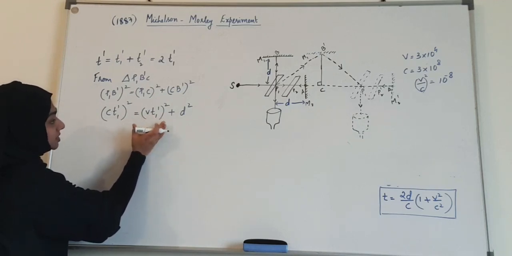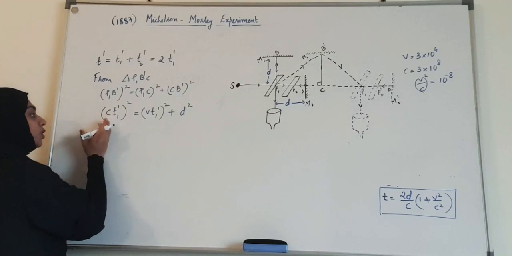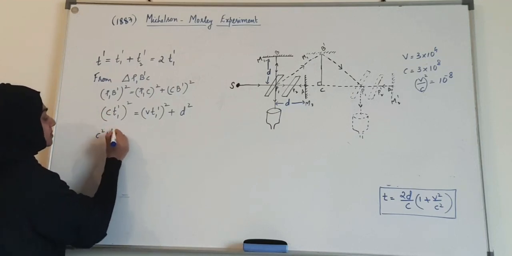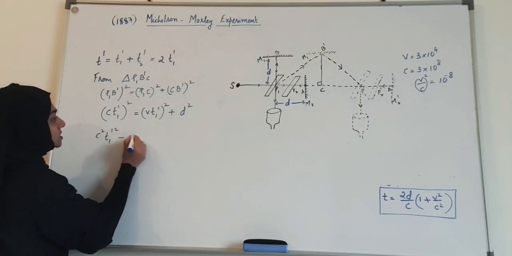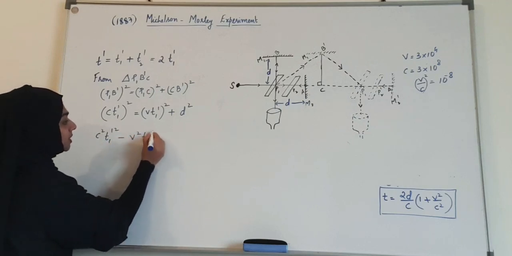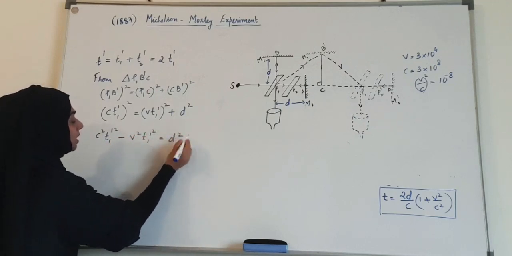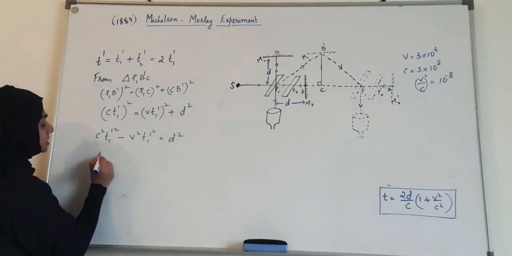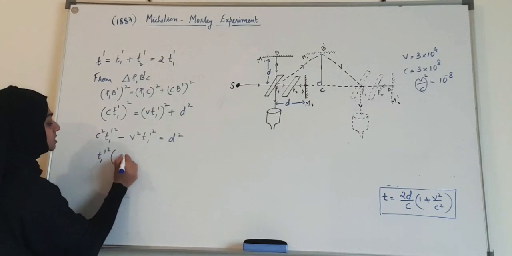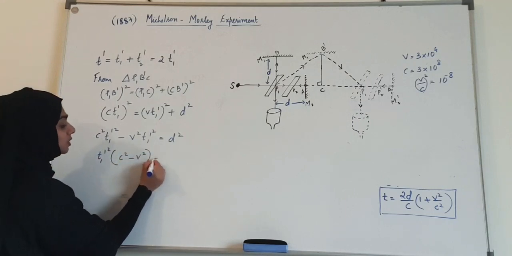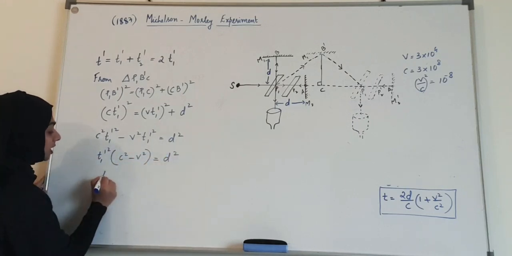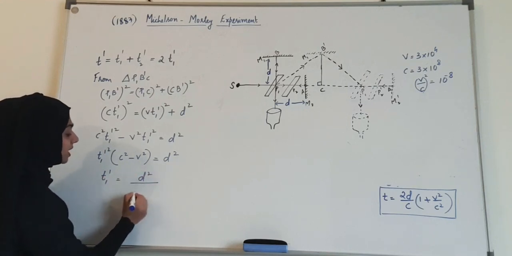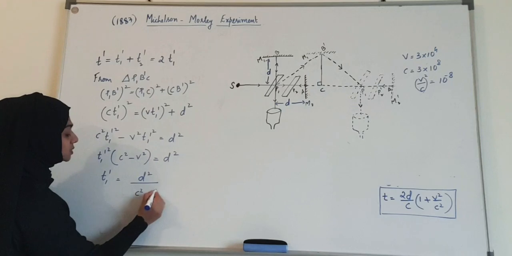So our idea is to find t1 prime. So let me put the terms having t1 prime to one side. So this is c square t1 prime square minus v square t1 prime square is equal to d square. Or taking t1 prime square outside, t1 prime square times c square minus v square is equal to d square. Or I have t1 prime square is equal to d square by c square minus v square.